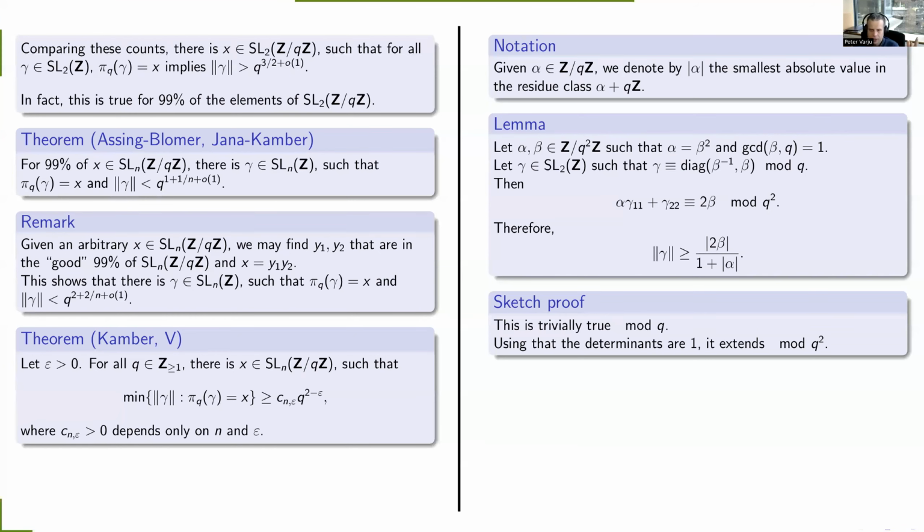And you write down this equation that the determinant is equal to 1. You have an actual equation that the determinant is equal to 1.